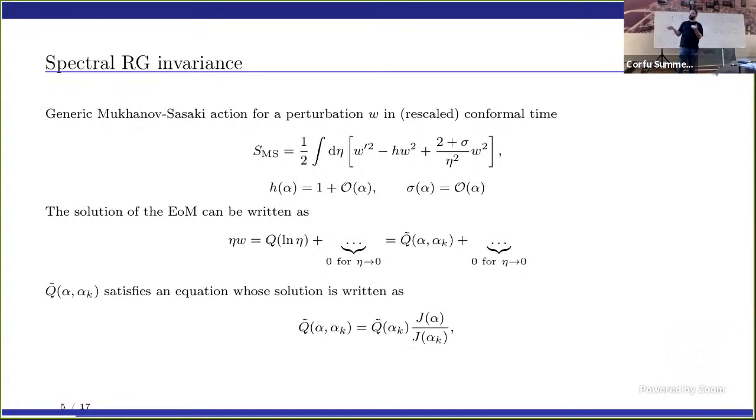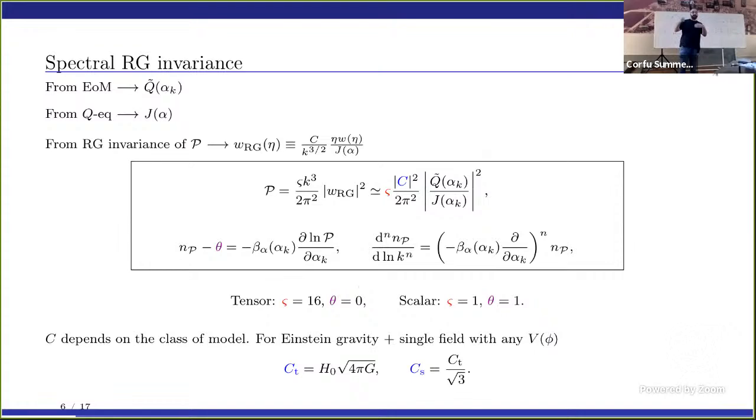So this is important because it identifies which parts of the solution of the perturbation actually go into the power spectrum when you compute it in the super horizon limit, which is the one that is observed. So we have seen that we have this q and this other function j.